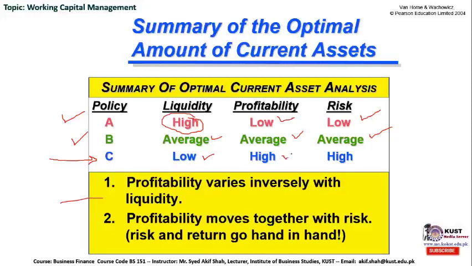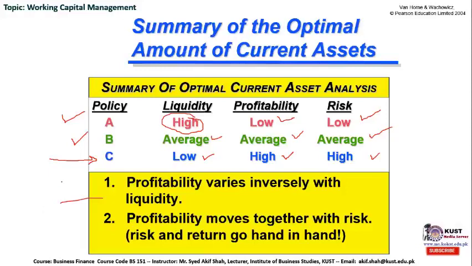Its profitability will be higher, as proved with the help of the return on investment formula, keeping all other factors constant. And the company might have a high level of risk as well, that is, the chance of losing sales or the chance of having a lower level of liquidity.